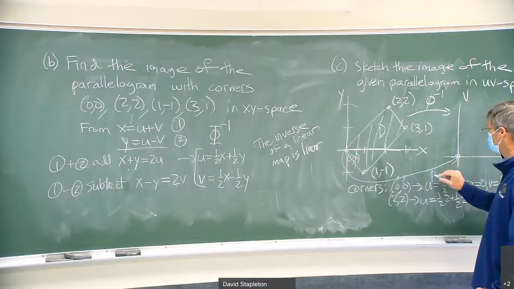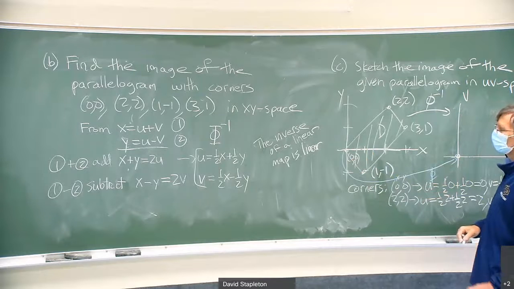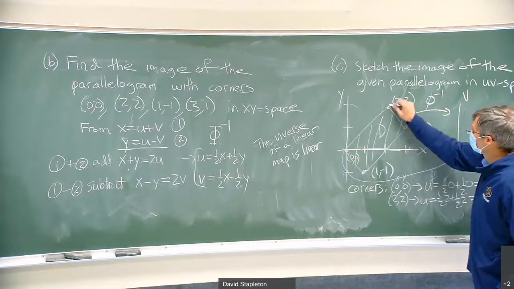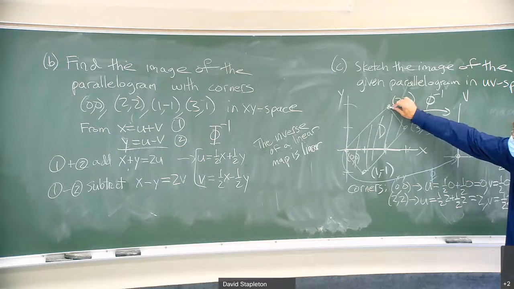So phi inverse takes that point to that point. And 2, 2, this one right here, goes to the point 2, 0. That's this one.